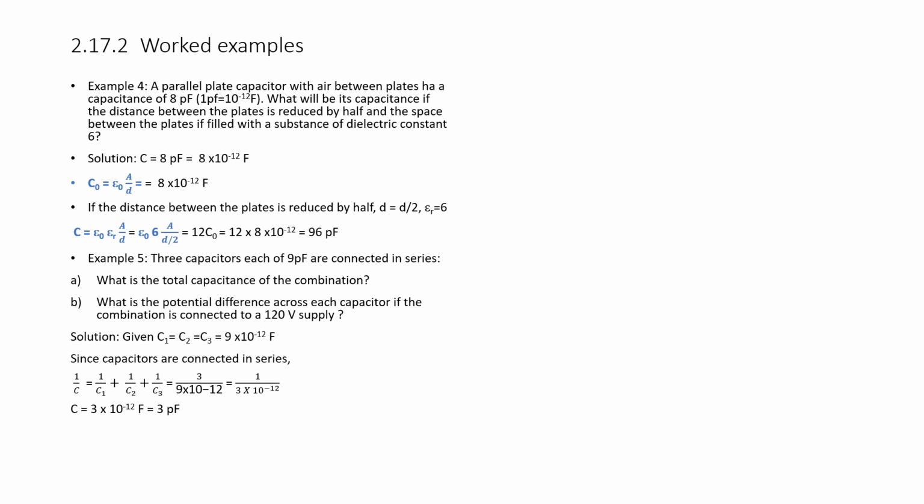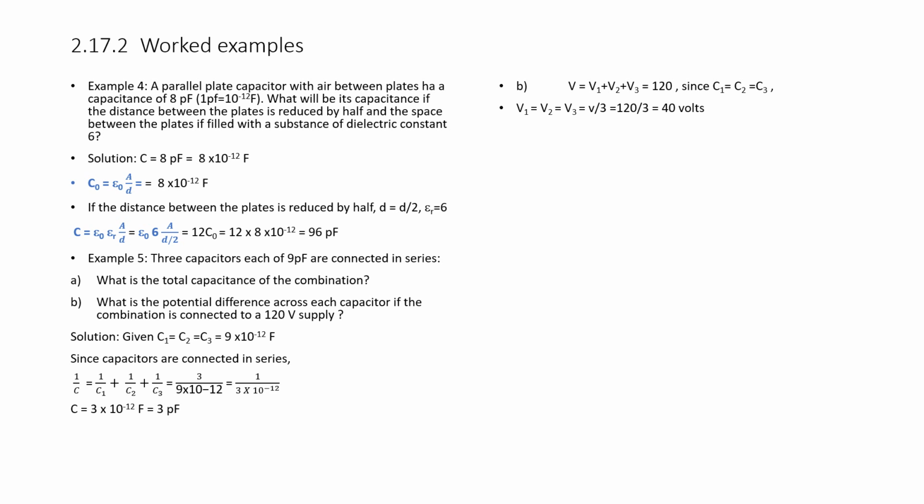That is equal to 1 divided by 3 into 10 to the power of minus 12. Therefore, 1 over C is equal to 1 over 3 into 10 to the power of minus 12. Comparing left and right side, C equals 3 into 10 to the power of minus 12 farads or 3 picofarads.